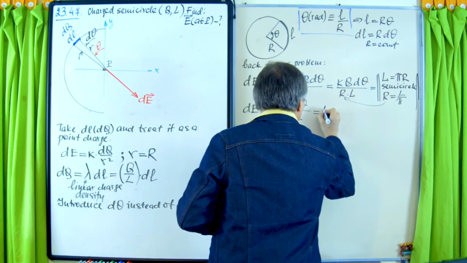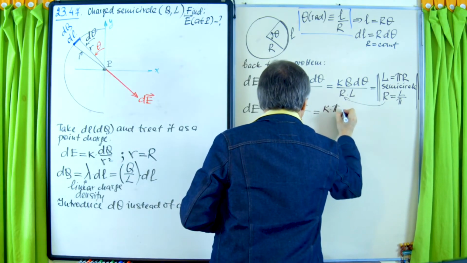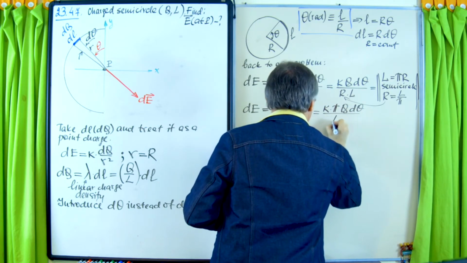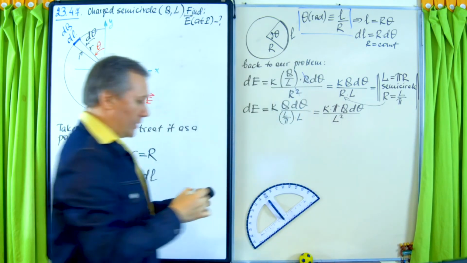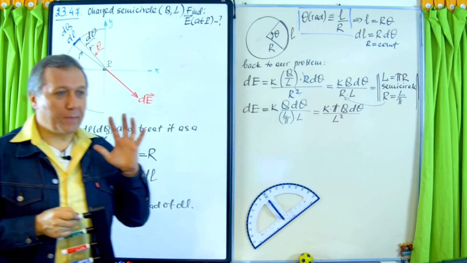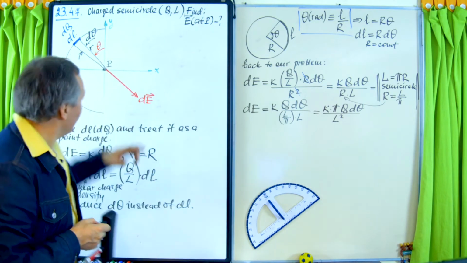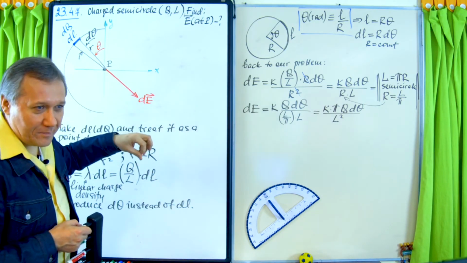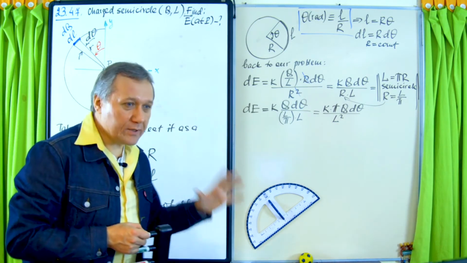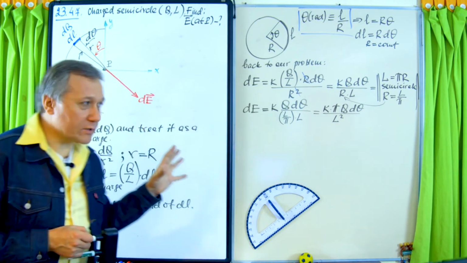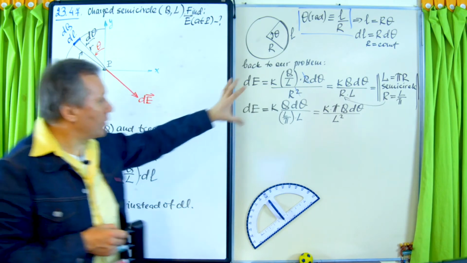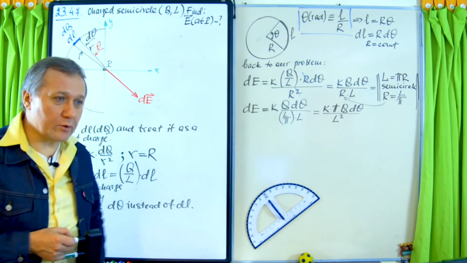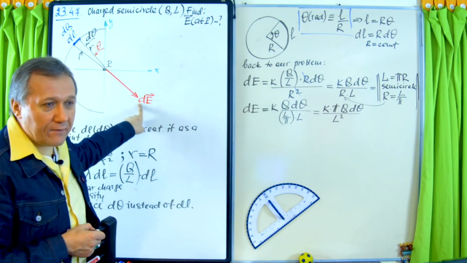So it will be k pi q d theta divided by L squared. Whew. Okay, so now that's the magnitude of this electric field element. But again, now we need to be careful. Of course, you need to integrate, but you cannot just grab that formula and start integrating over the whole semicircle, because this is a vector quantity.